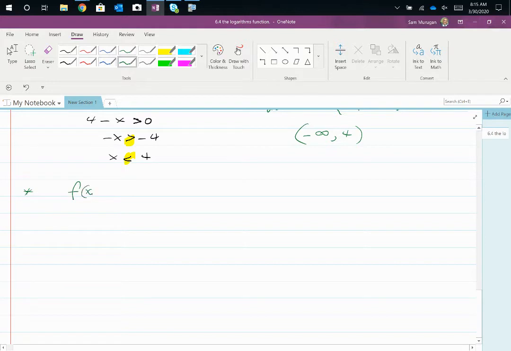f of x equals ln, natural log, of x squared plus 6. Notice that in this case, the domain is all real numbers.